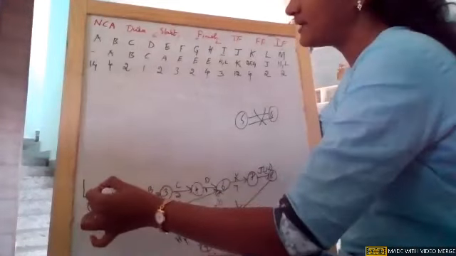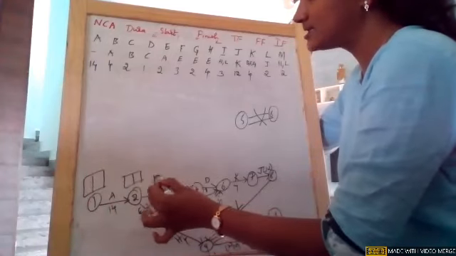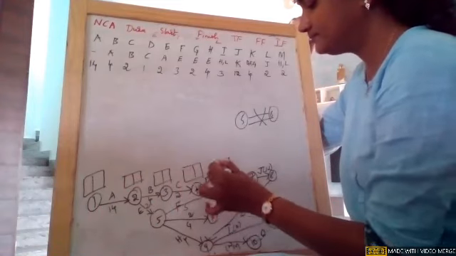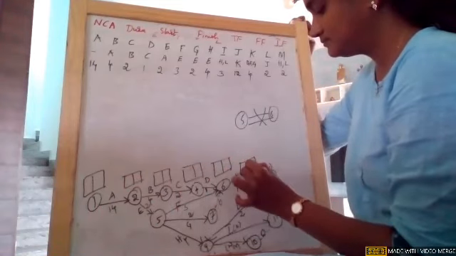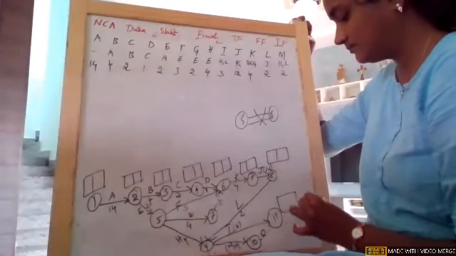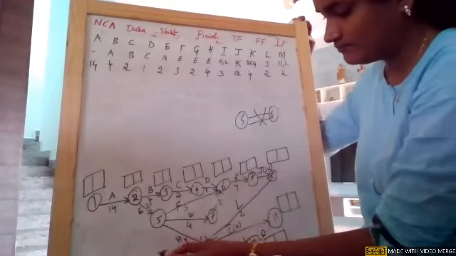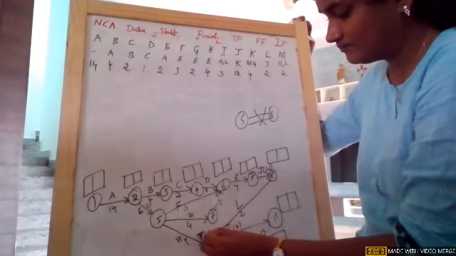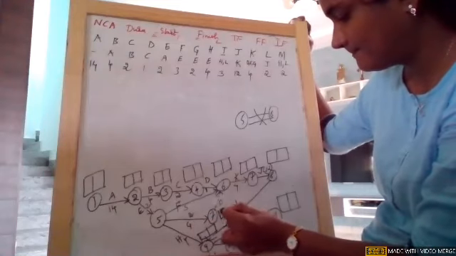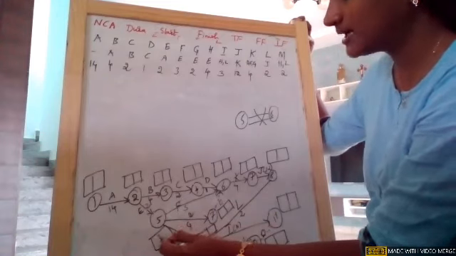Now the next step is finding out the earliest and the latest times. First, I'll adjust the space for these boxes. I think all nodes are covered.